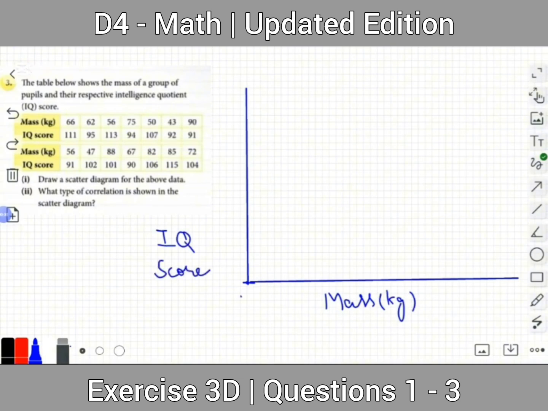Now we will mark or scale the x-axis. So here we have 0, 40, 50, 60, 70, 80 and 90.